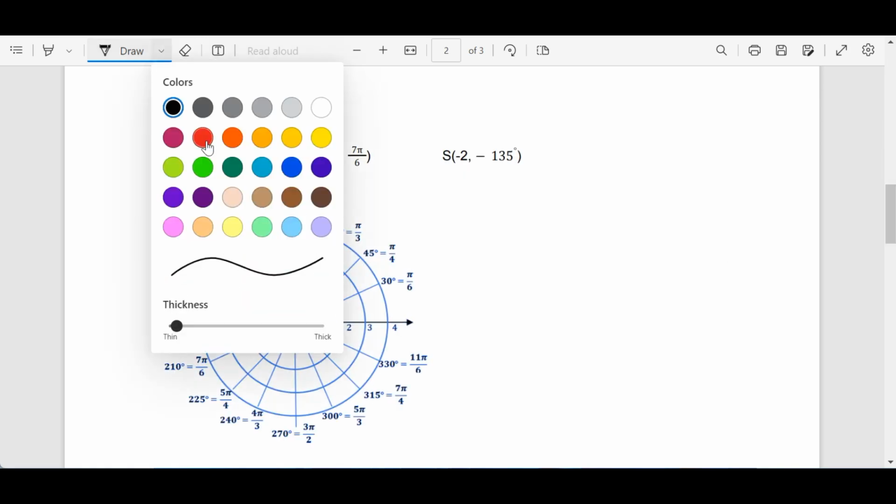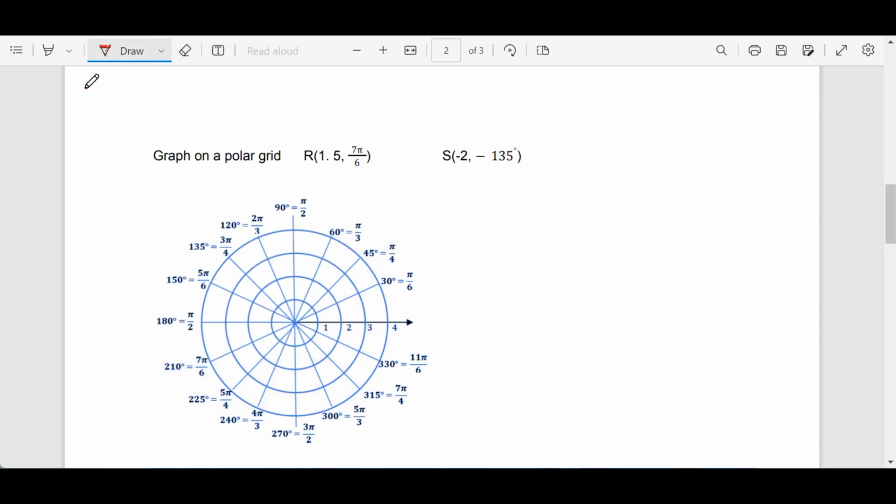I much prefer graphing on this plane. It's much easier to work with. So the center here would be if r was 0, 1, 2, 3, 4. So first we got (1.5, 7 pi over 6). 7 pi over 6 is over here, right? So at 1.5, this is 1, somewhere in between, right there.